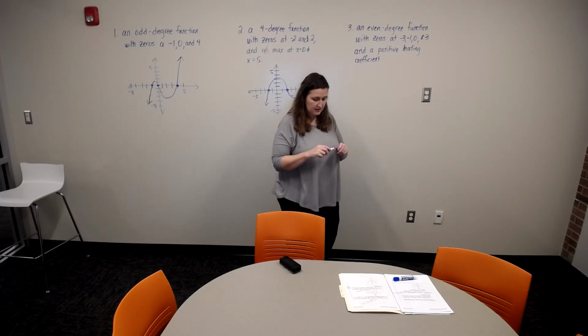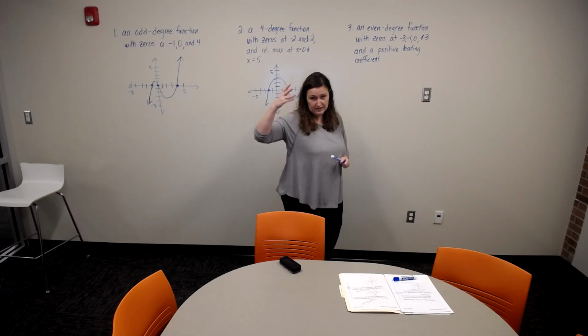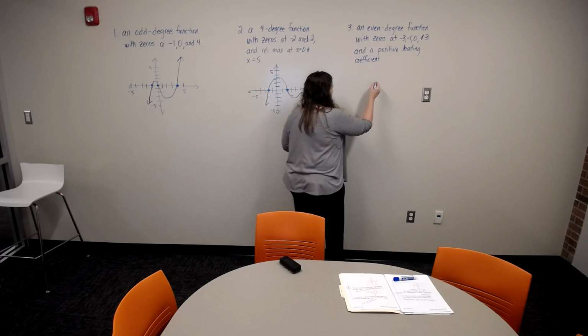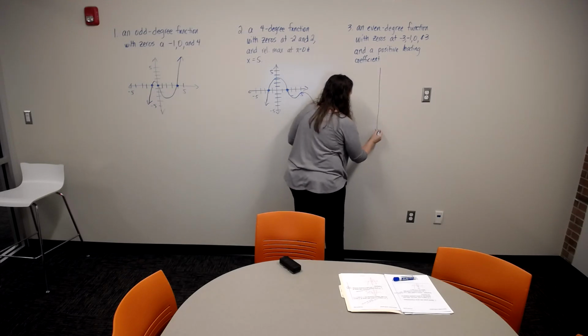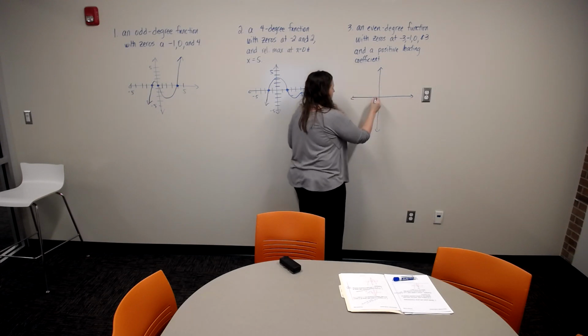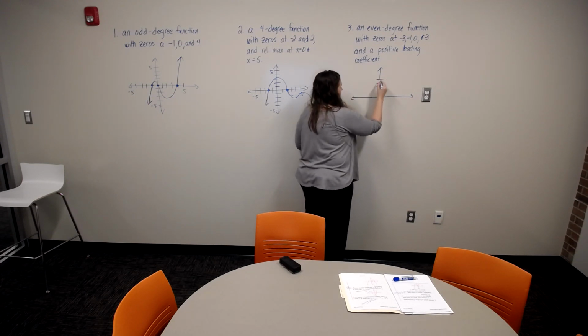So that means that the number in front of the highest exponent term is going to be a positive number. So I'm going to make my graph space.